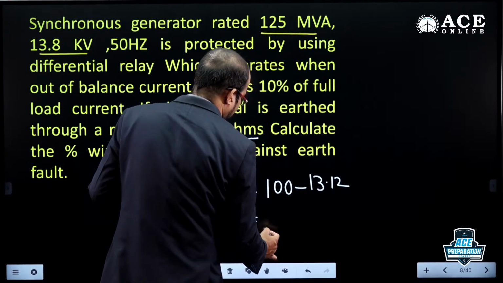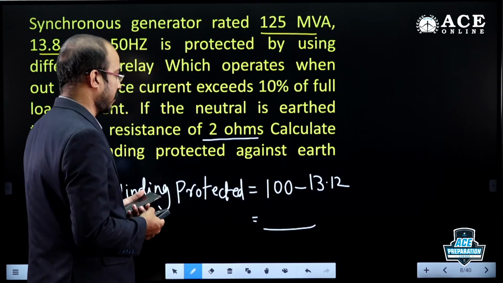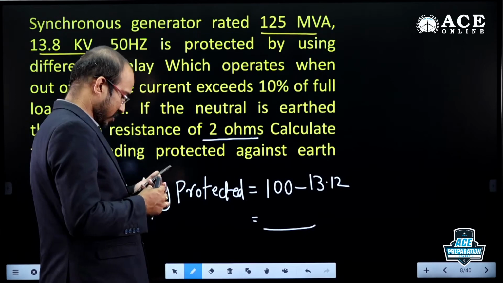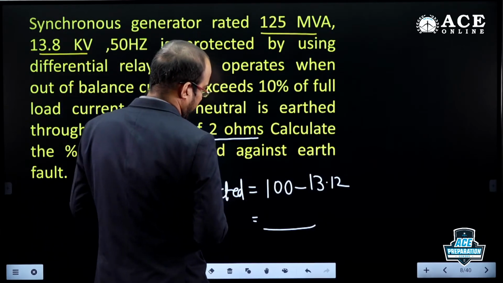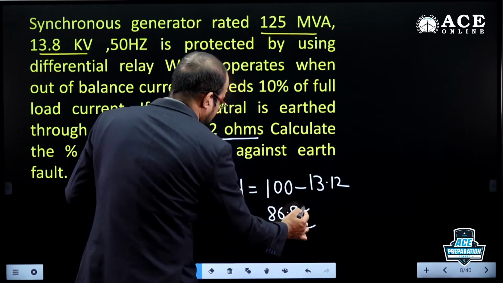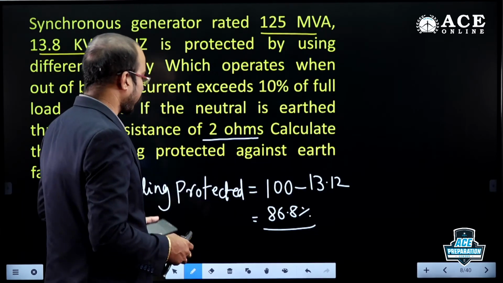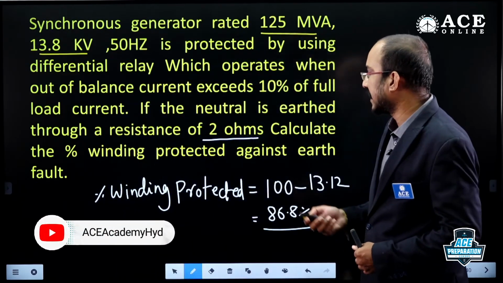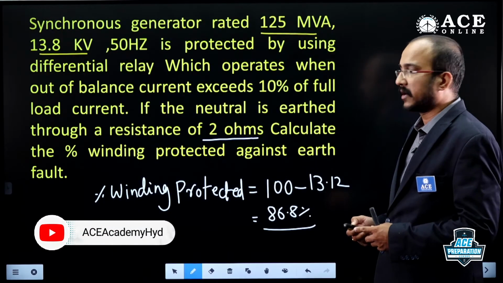Simplify this, how much do you get? 86.8%, approximately. So this is how we need to calculate the percentage winding protected against earth fault.